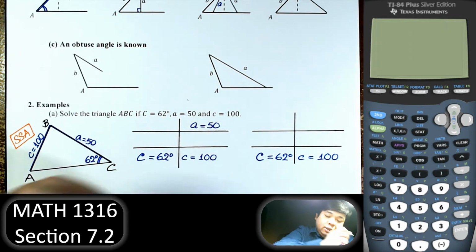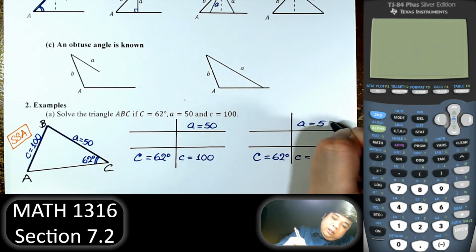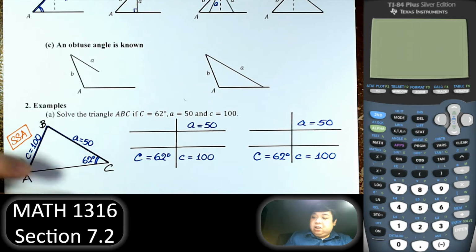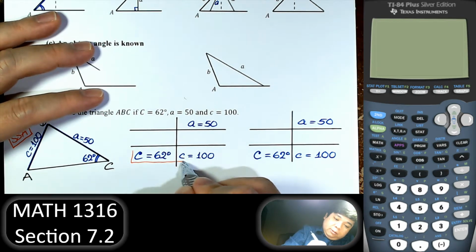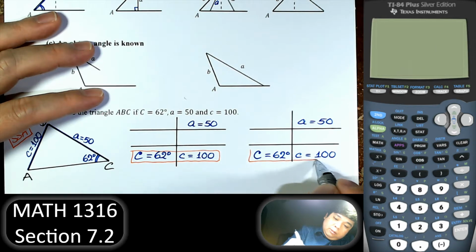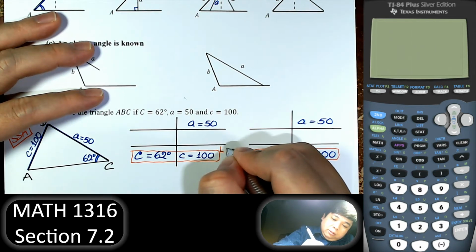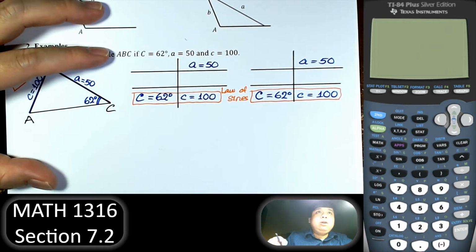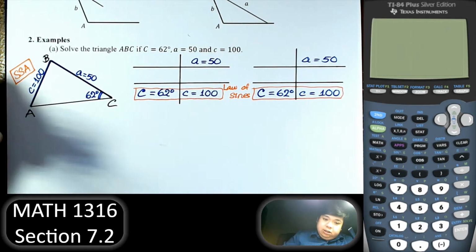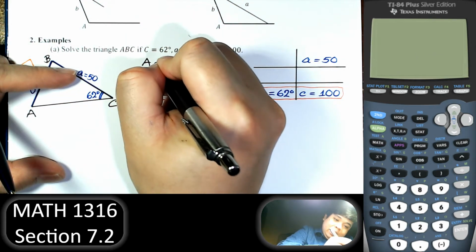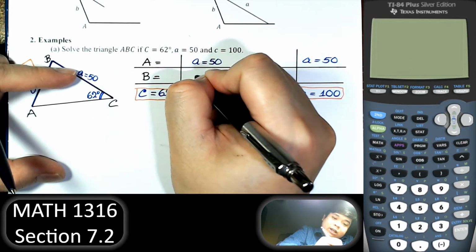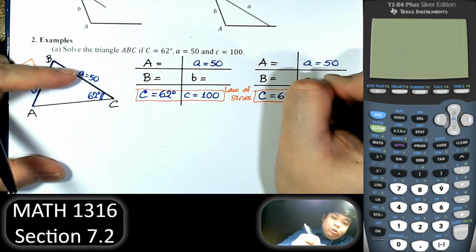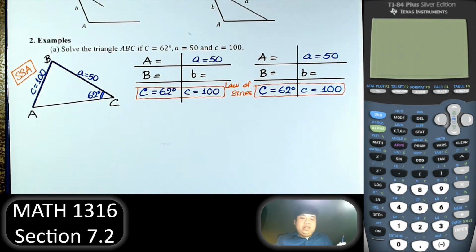Regardless, opposite side and angle, that is the law of sines. So we set up the law of sines. In that case, we will determine angle A, angle B, and side b. Potentially, we might have two solutions, so just prepare for both of those scenarios.